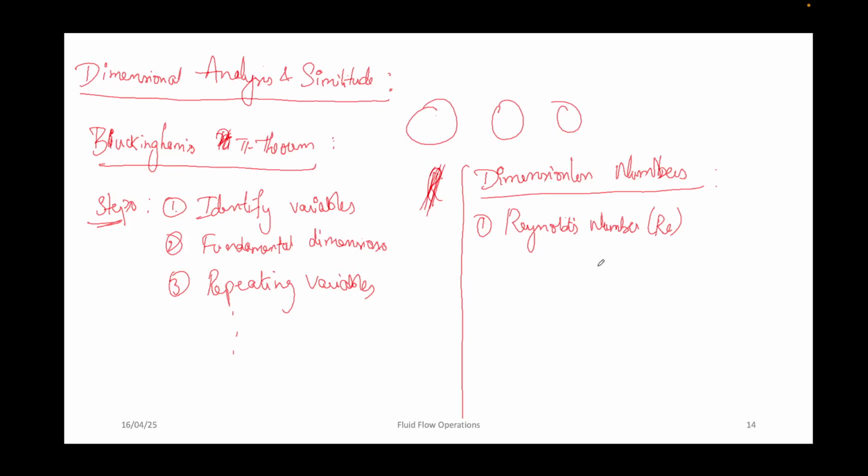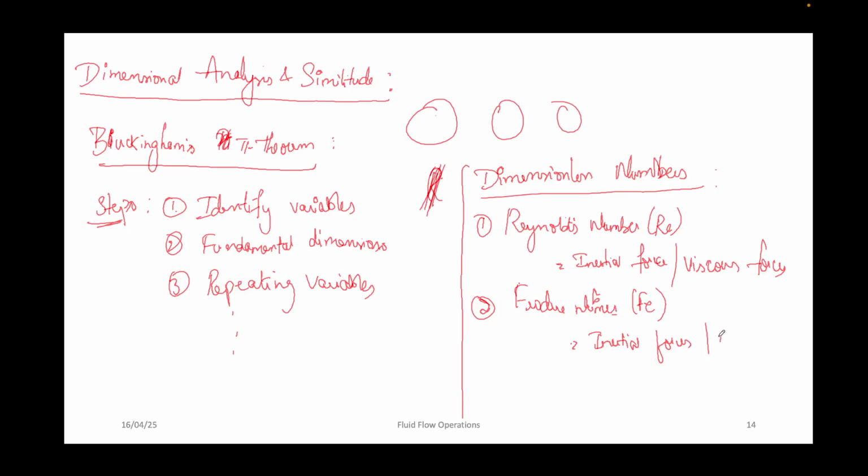So Reynolds number is nothing but inertial force upon viscous forces. And then we have Froude number, which is represented by Fr. So this is inertial force by gravity force.